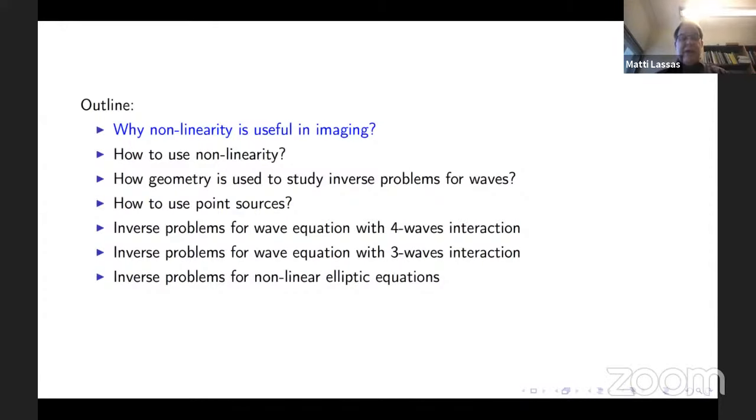Then I will explain basic tools, how we use nonlinearity, how we use geometry in the study of inverse problems for waves, and how we use point sources. And the last part of this mini course will be where I tell what's going on in research presently.